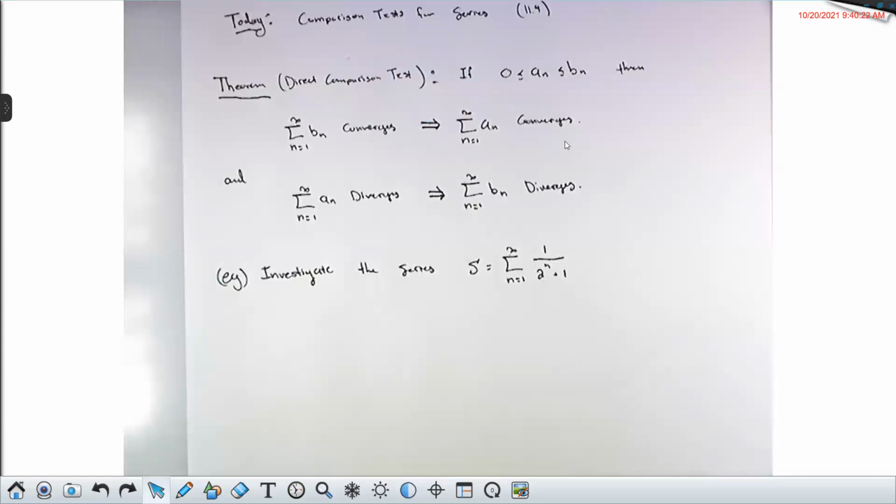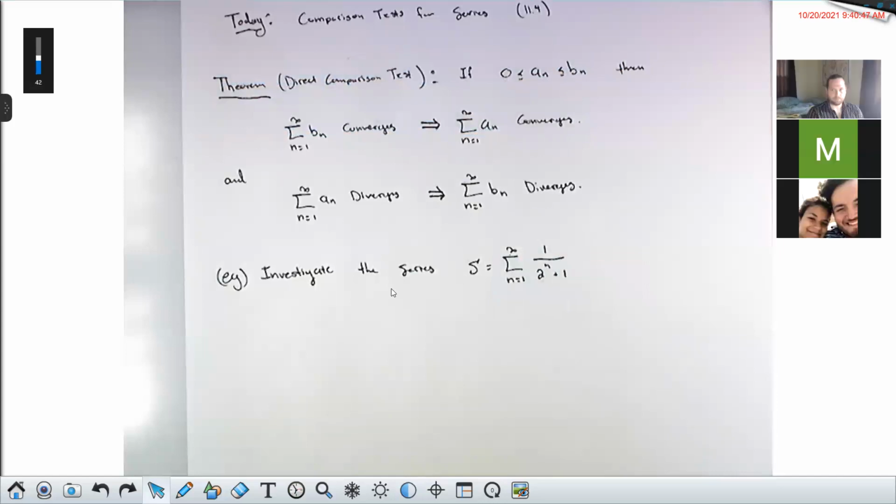That's the sum from 1 to infinity of 1 over 2^n plus 1. So the plus 1 here is downstairs, but not in the power. Remember what I said. Whether you're going to think of our guy, in this case 1 over 2^n plus 1, as the a_n or the b_n depends on whether you think your series converges or diverges. So you need to have a guess in order to get started here.